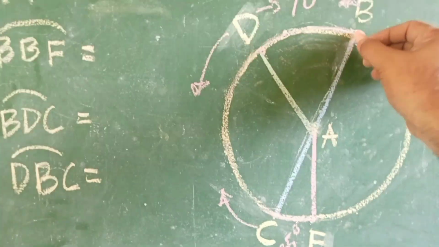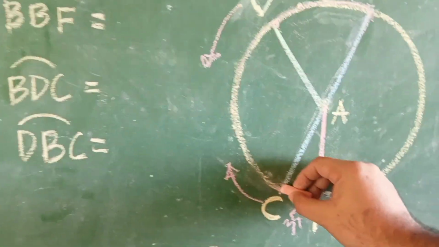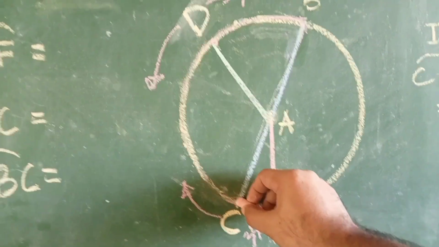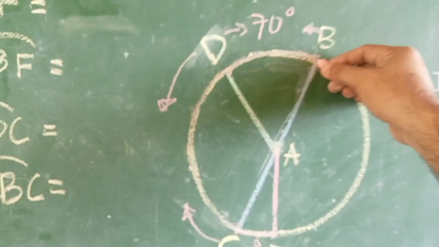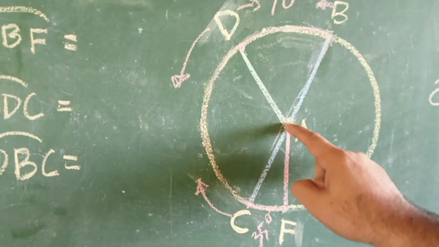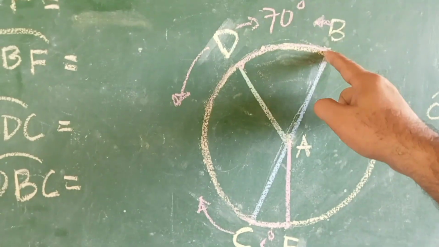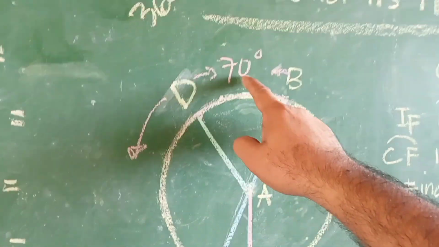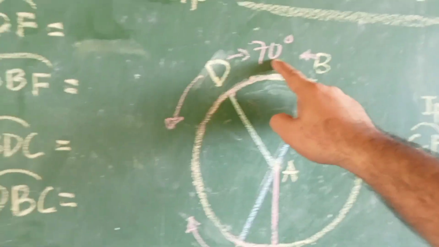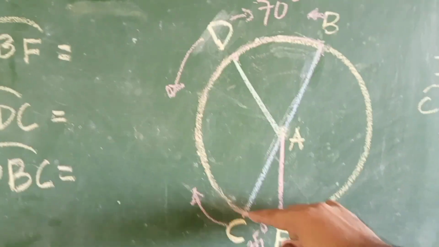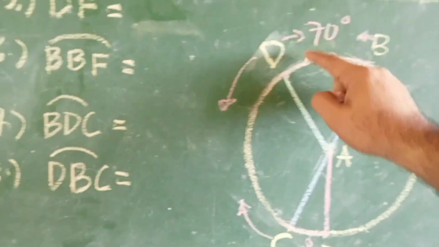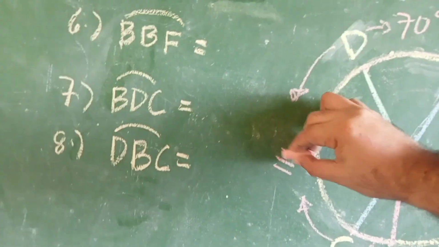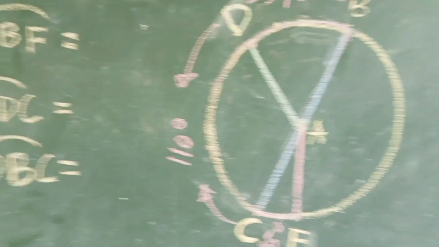Since from point B up to here is 180 degrees, and arc BD is already given with 70 degrees, then the remaining is 180 degrees minus 70, and the measure here is equivalent to 110 degrees.